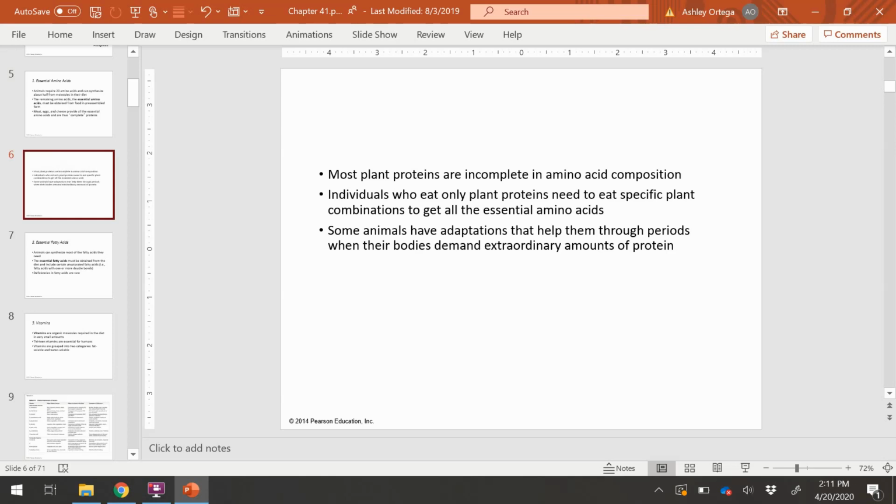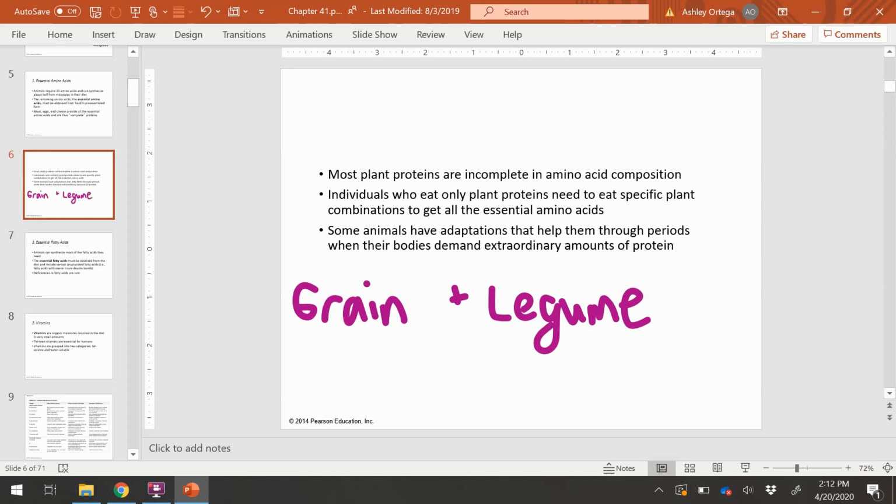The key is to make sure you consume both a grain, like wheat, soybean, or corn, with a legume, which is pinto beans or other types of beans. A grain and legume together will give you all the essential amino acids.